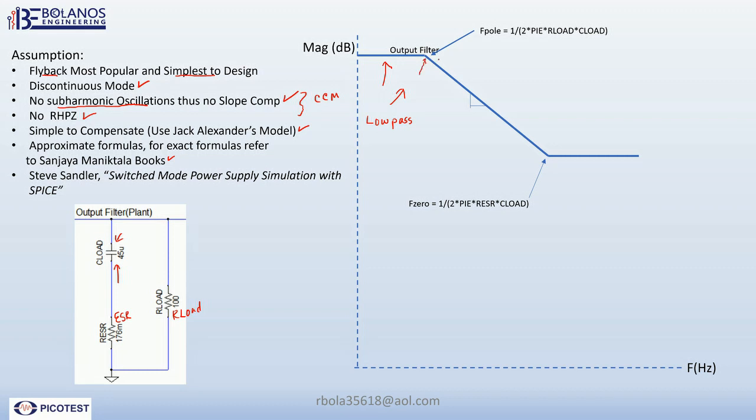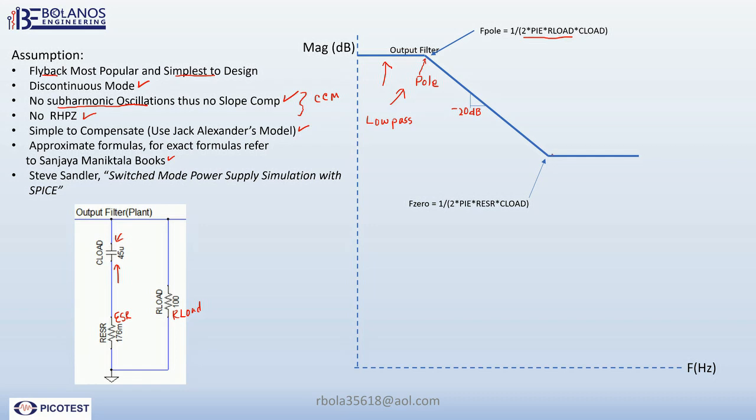That downward deflection indicates that you have a pole. And here's the formula to calculate your pole. Then you have this downward slope, which is first order, with a slope of 20 dBs per decade.